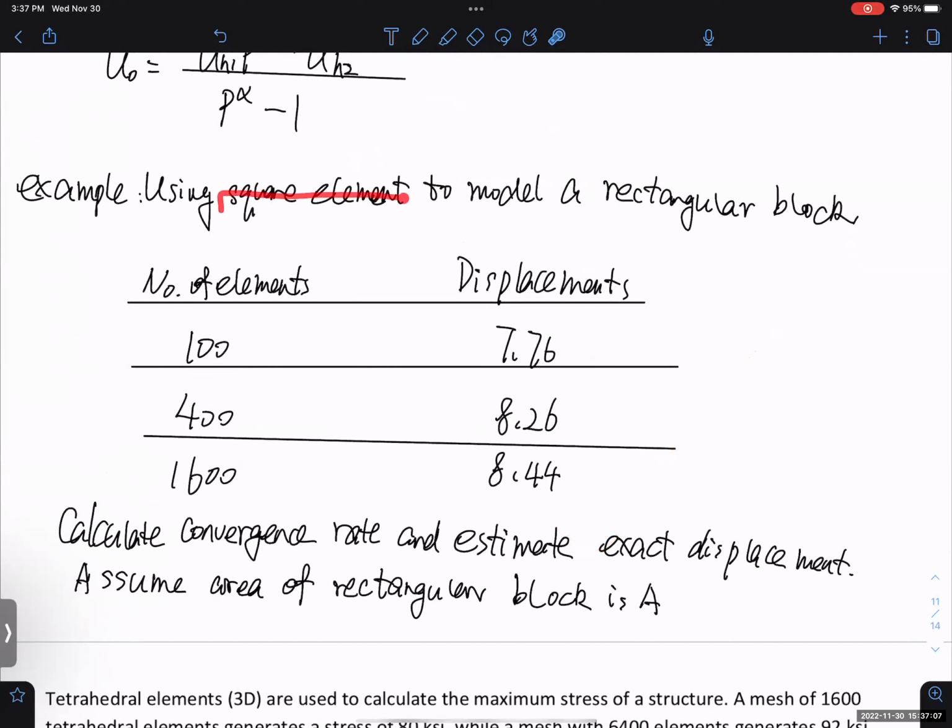And for this one, I actually simplified a little bit. I used a square element. But let's say I use a CST element, the triangle element, an equilateral triangle element. Would the result be the same or different?